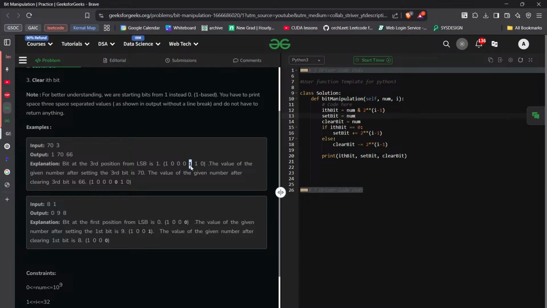We wanted this bit, so we will put a mask that will have 0 0 0 0 1 0 0, and that will give me 4. Oh, okay. So if this is greater than 0, then the answer is 1, else 0.